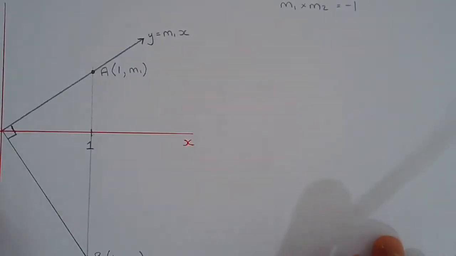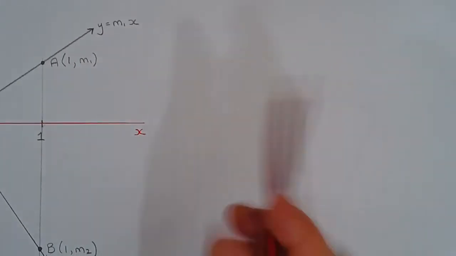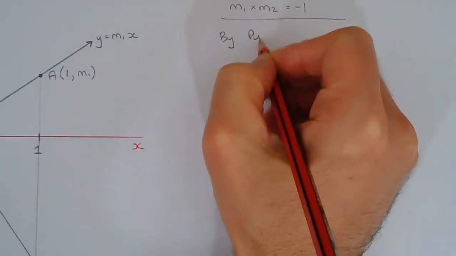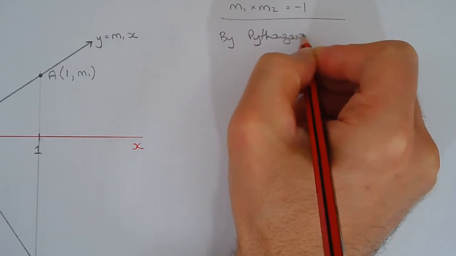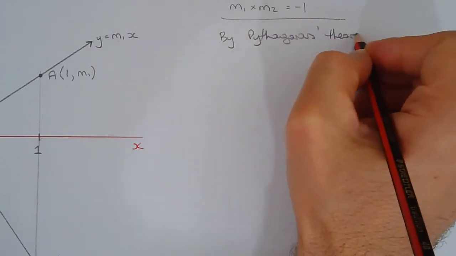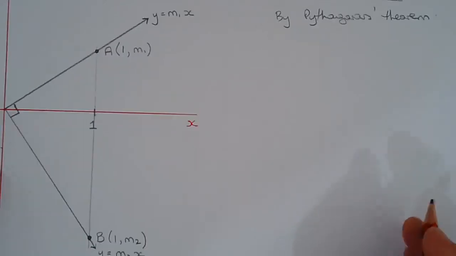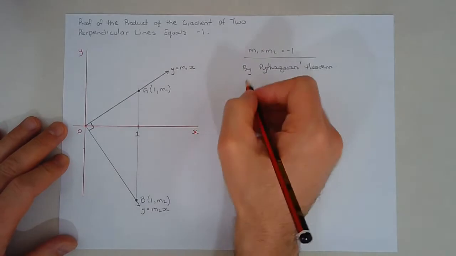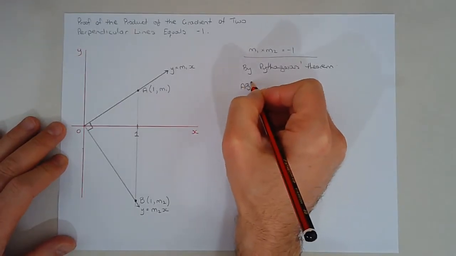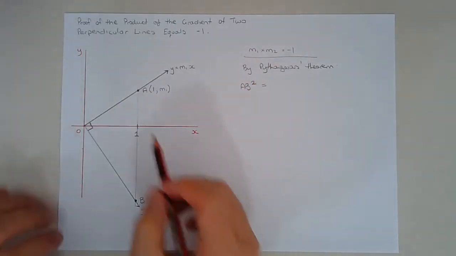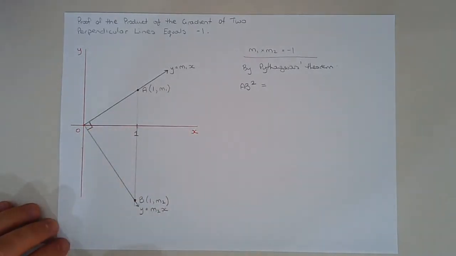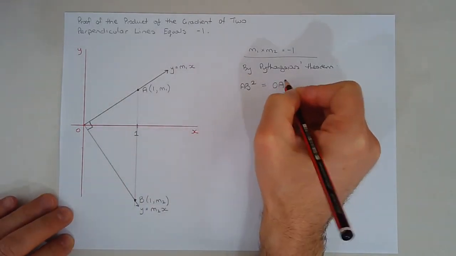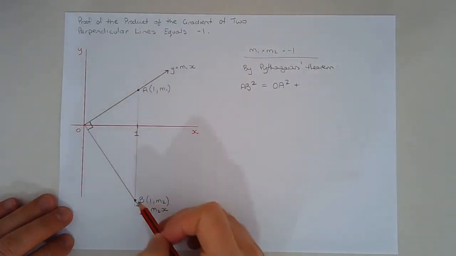So by Pythagoras theorem, AB squared is equal to the sum of the squares of the two shorter sides, OA squared plus OB squared.